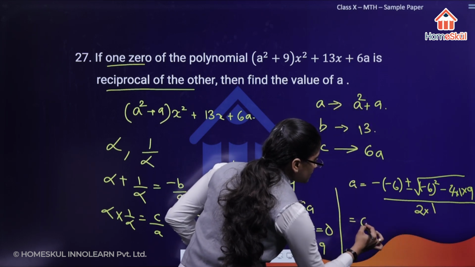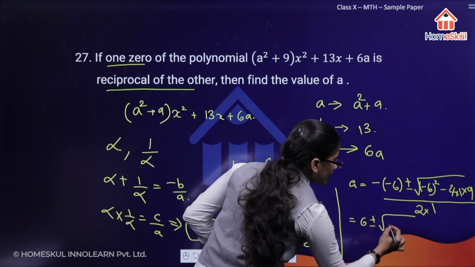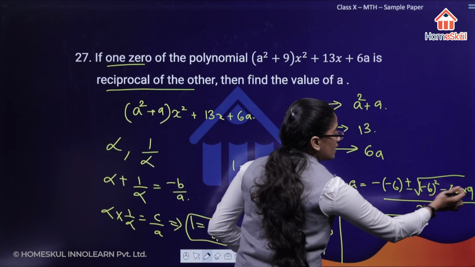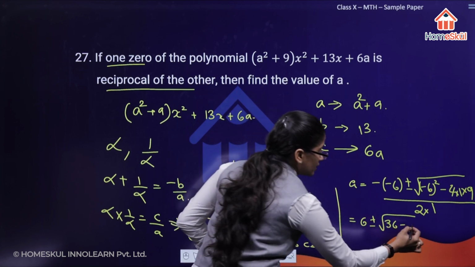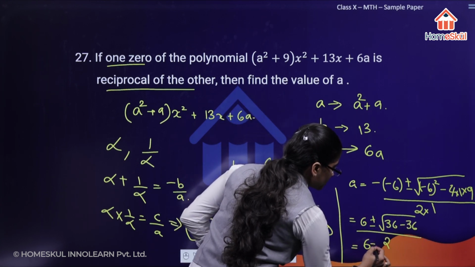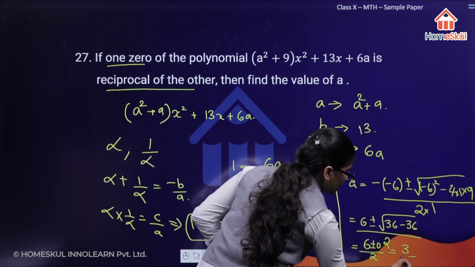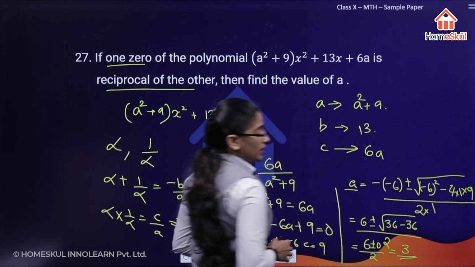That means 6 plus or minus root of 36 minus 36, divided by 2. That is 6 plus or minus 0 by 2, that is 6 by 2. We are getting the value of a is equal to 3.